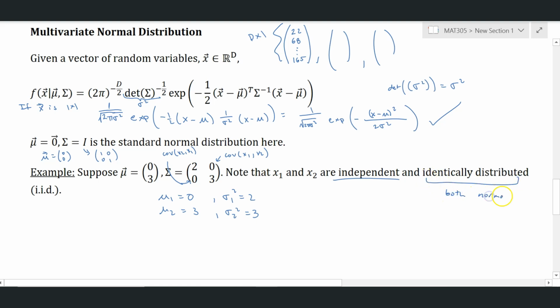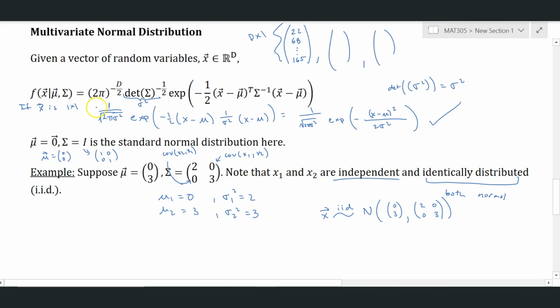Now, the way we would often write this is we would say that the x vector, the vector of random variables, which there are 2 of in this case, is distributed IID as a normal distribution with mean vector 0, 3. We always state the mean first, and then the variance covariance matrix 2, 0, 0, 3. That means the exact same thing as what we set up here, just in a more compact notation.